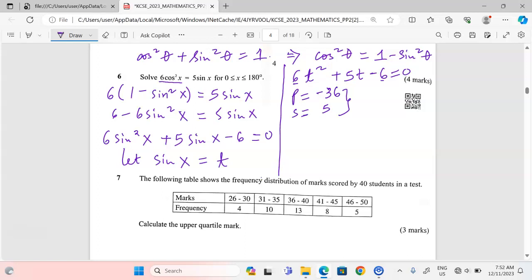This is taking us directly to 9 and 4. So 9 and 4, but now 9 becomes positive and 4 negative, so that when they are added we get a positive 5, and when they are multiplied, negative 36.